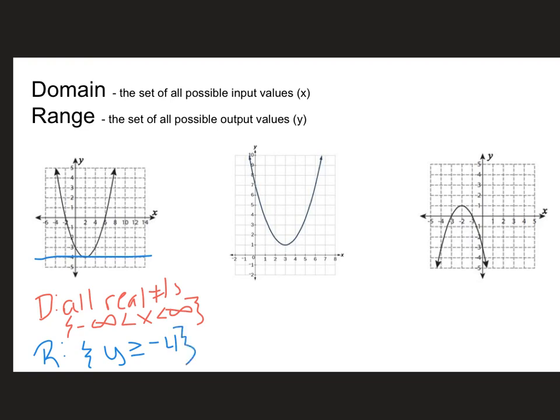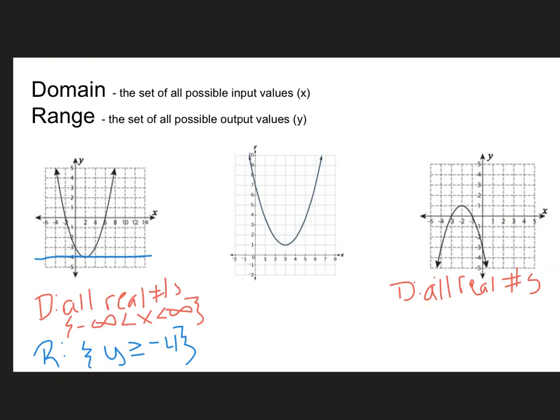So I'm actually going to skip over and do the third one now and come back to the middle in a second. Kind of the same thing. This graph continues to move downward to the left and the right with x, so we could put any value of x that we want in at all. So we would call that all real numbers, or negative infinity to positive infinity.